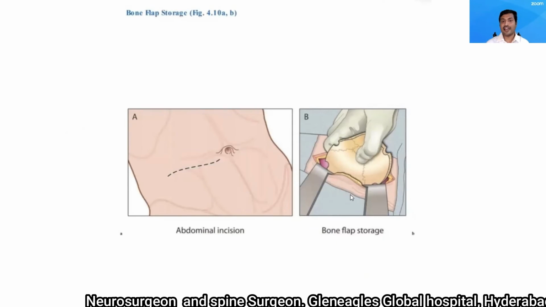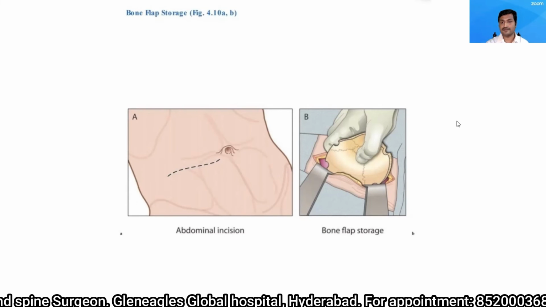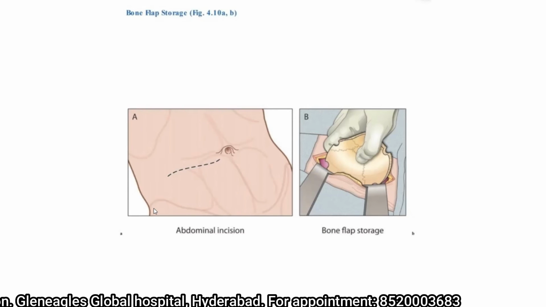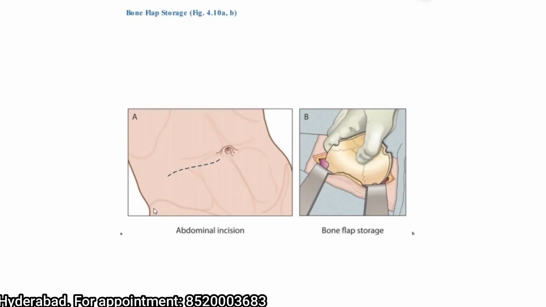Now, if I am planning to preserve the bone flap in the abdomen, I take an incision on the abdominal wall. The incision which I take is usually in the right lower quadrant. I will explain why.